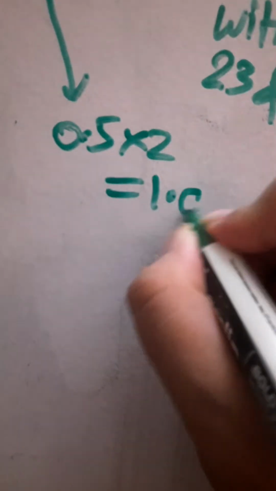Now I have to do it for 0.5. 0.5 into 2 equals 1. So I just have one decimal digit, 1 here. So I have to do nothing right now. Wow. I guess that's it, isn't it? Is it like that or something else?